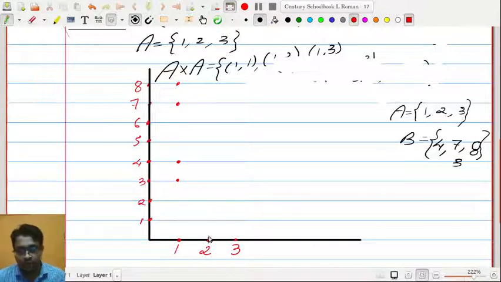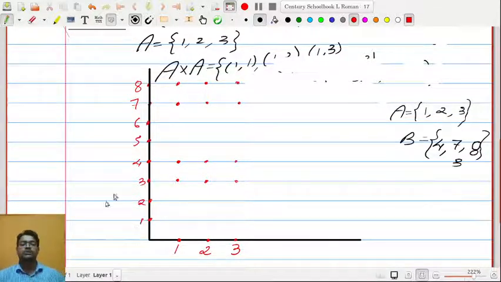Then 2 will be paired with 4, and so on. Each element will be paired with each element of the second set. In the diagram, these points represent all points in the Cartesian product A cross B.